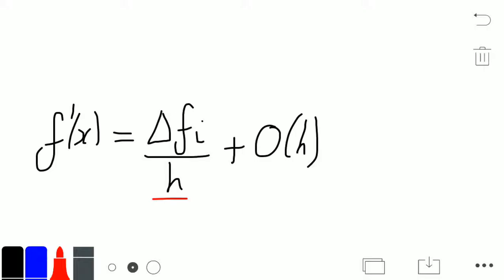So why is this called the first forward difference? Well, it really comes from the fact that we are looking at the next step, in other words, i plus 1. So we can illustrate that with a graph.